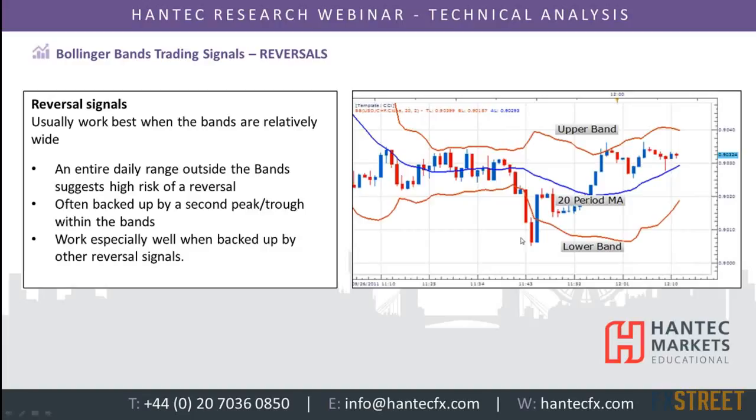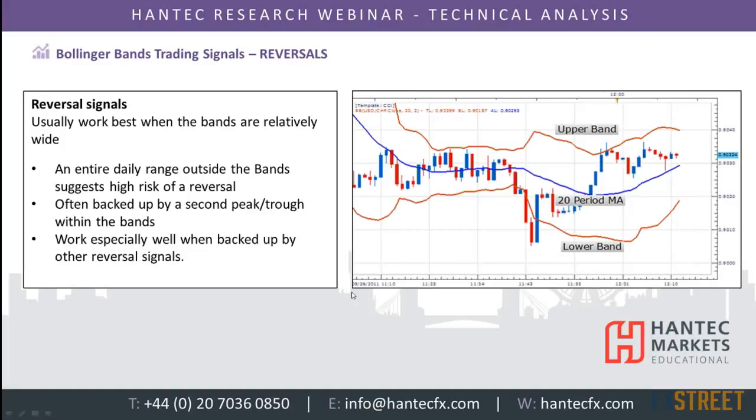So in this diagram here, we're looking at this down here, where you've seen a strong move to the downside. The bands are relatively wide apart, and you've got an entire trading day or trading period outside the bands, and that suggests, as I said, a danger signal with the price action, and the prospect of a reversal is subsequently very high.